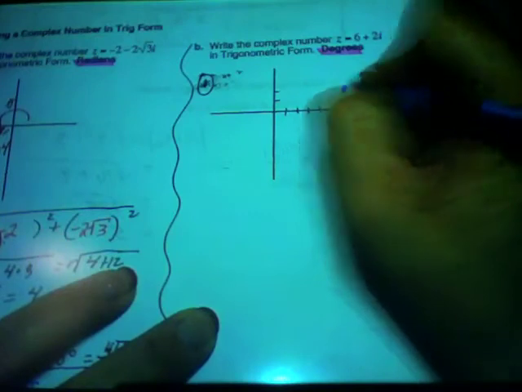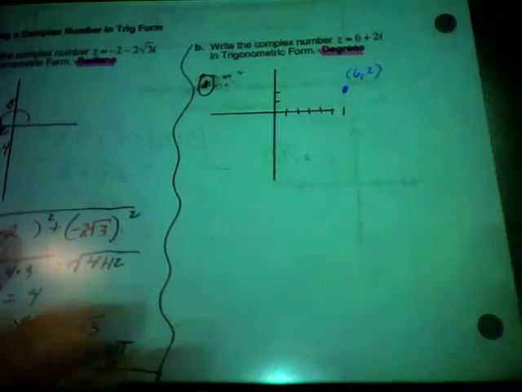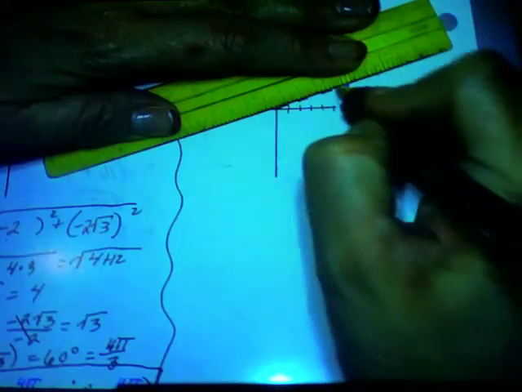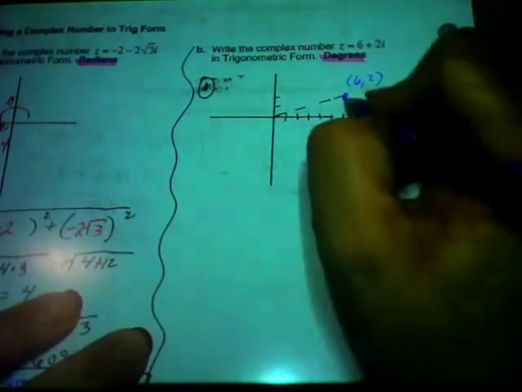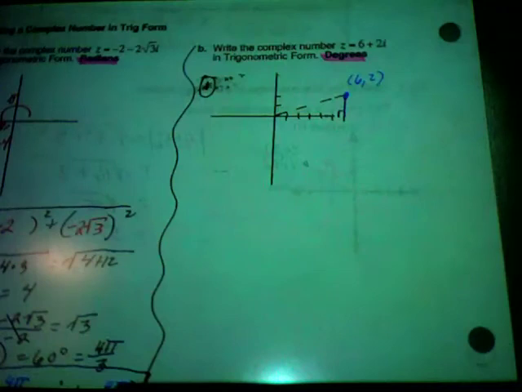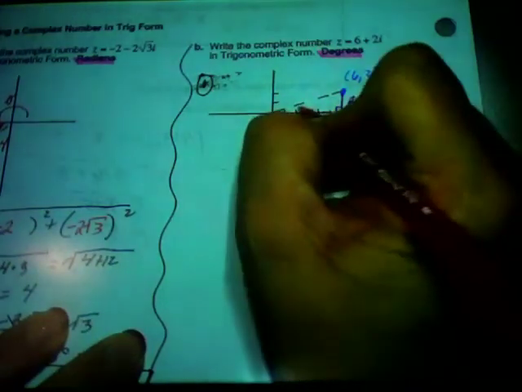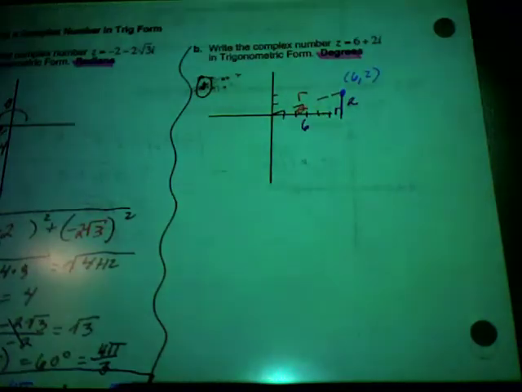I'm going to connect the distance from that complex point to the origin, and then make my reference triangle. So I know that this distance here is 6, this distance here is 2, and that this time my theta is right here, and it isn't this r. So I need to find r.